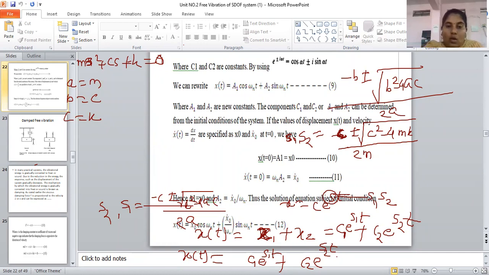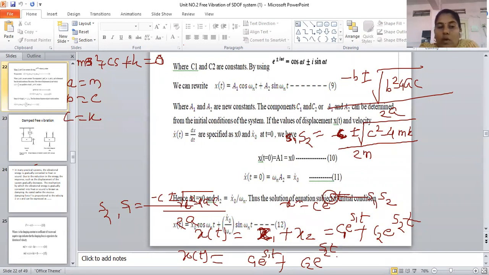Okay, so all of you please write down. Once again I will tell you that the quadratic equation from the last slide is ms square plus cs plus k equal to 0, where a is m, b is c, and c is equal to k. From this equation, we can calculate s1 and s2 by using the quadratic formula, minus b plus or minus root of b square minus 4ac upon 2a.